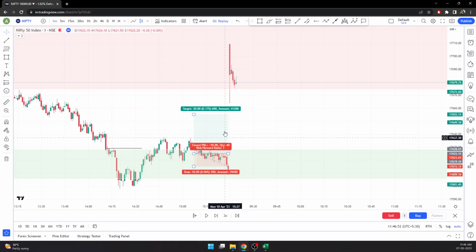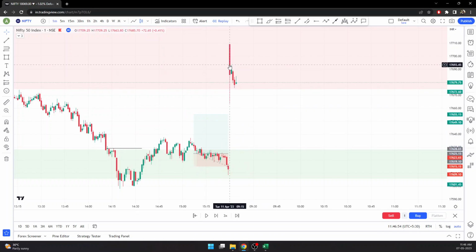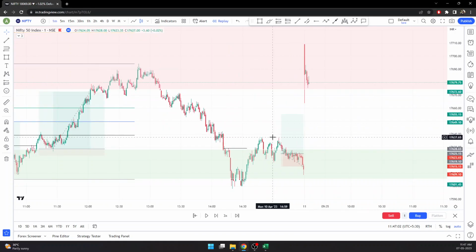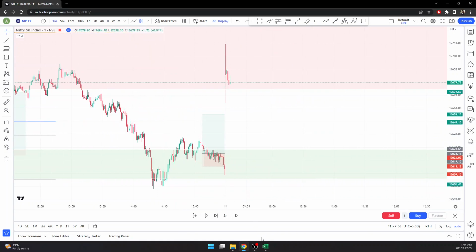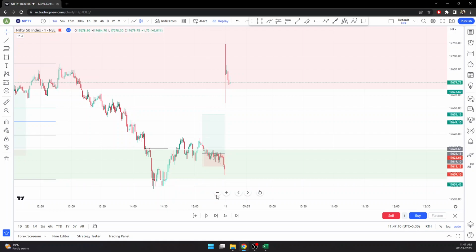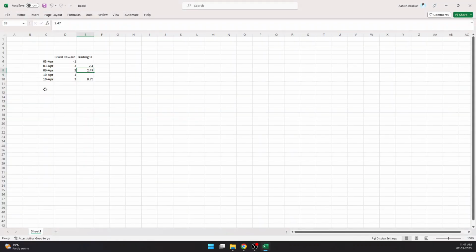But eventually it went and gave a strong gap up. So this is what happens, right? So we'll try to avoid making entries after 2 p.m. Let me log this particular entry as well. So let's say this was 10th of April and we took one SL.